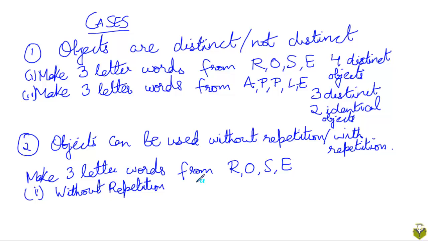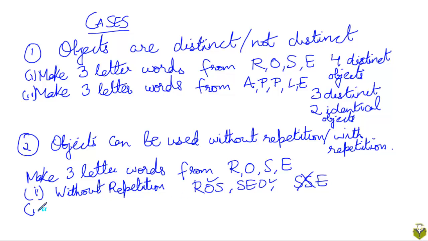So you can only have a word like ROS or SEO. This is fine, but a word like SSE is not fine, because an object here, like S, is used twice. So that is without repetition.